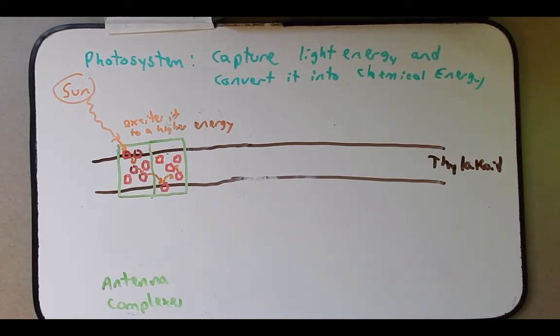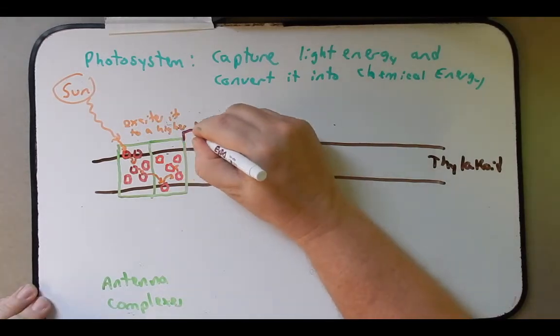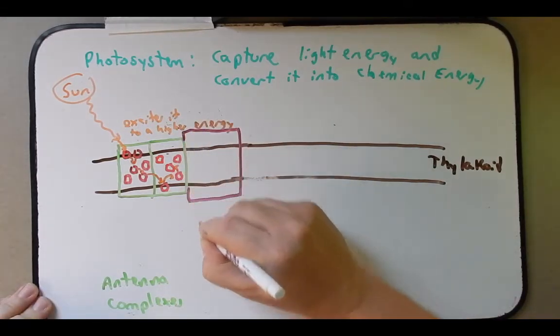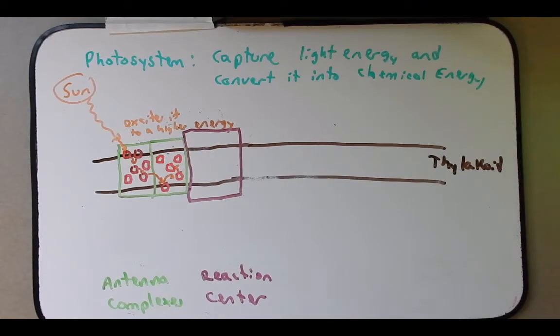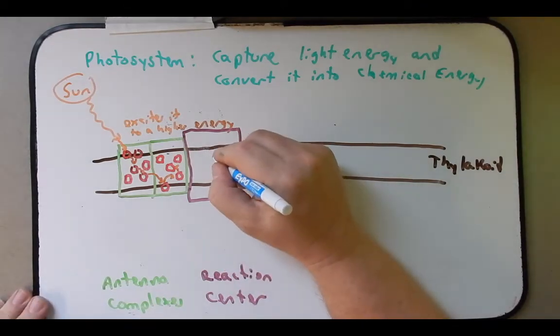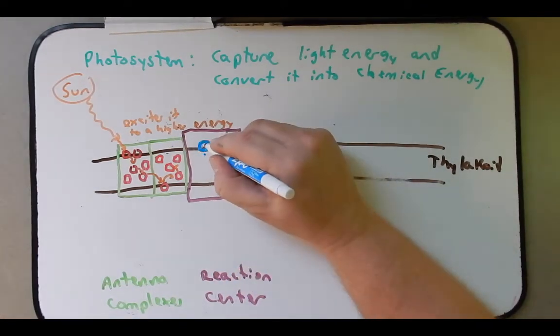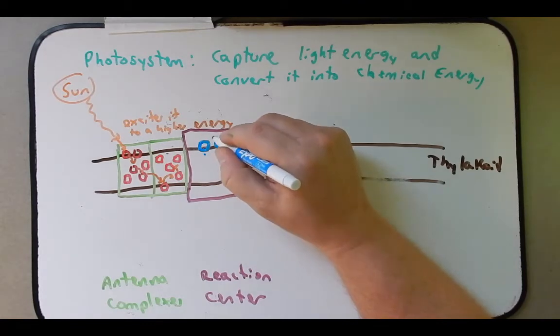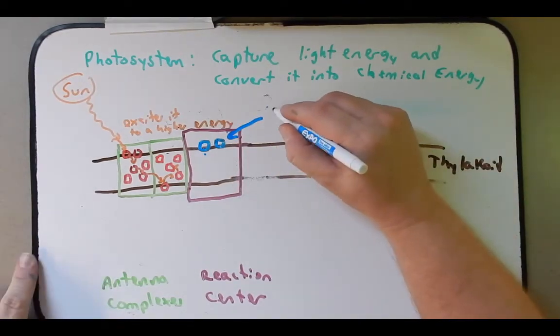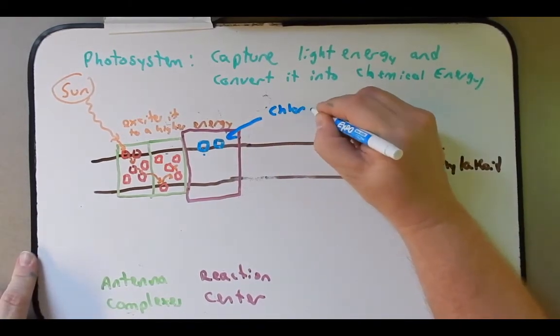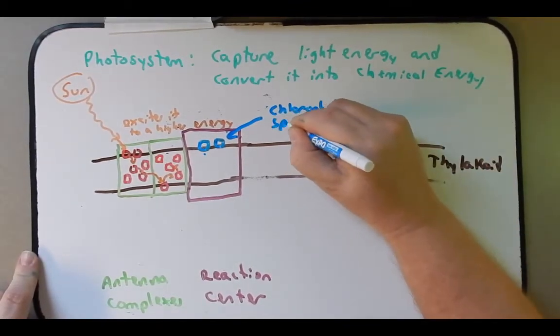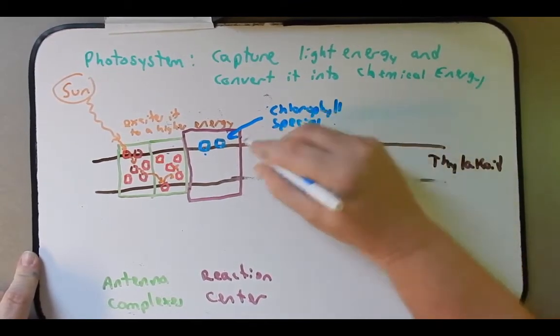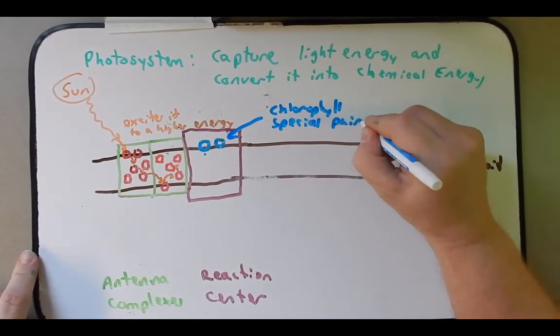Which brings us to our next complex, which I'm going to show here, called the reaction center. So within the reaction center, there are these two special chlorophylls. Your book calls these the chlorophyll special pair. So they're a unique pair of chlorophyll molecules.